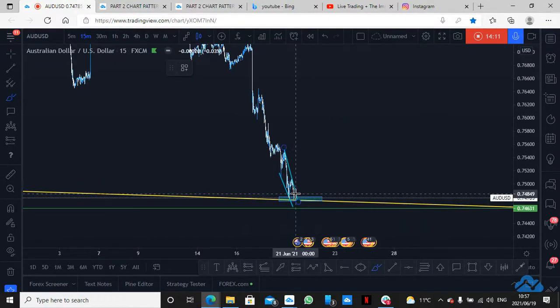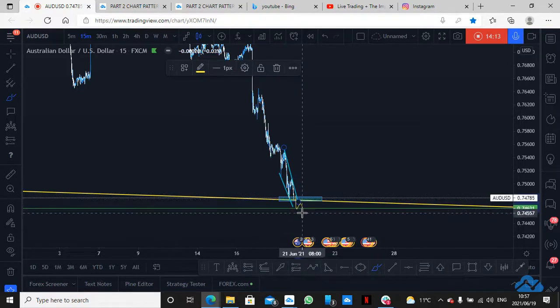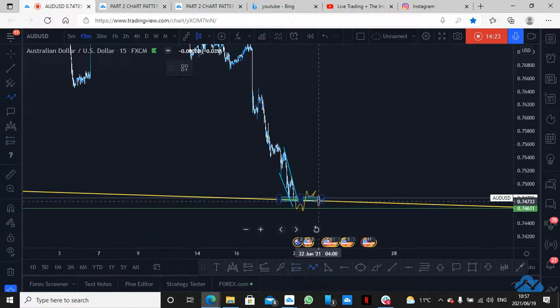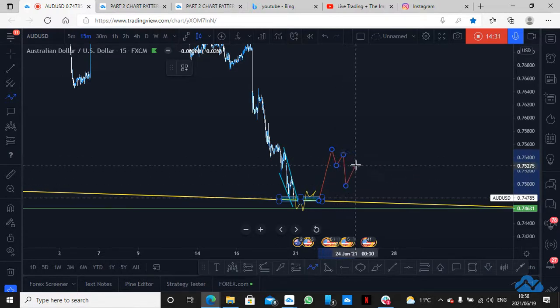We might break that area again and then move back up, create a support. Once we create a support, we know, guys, what we're going to be looking for at these areas. We're going to be looking for price to make that 90% correction there, and then possibly move back up, move down, creating a lower high in a corrective manner.